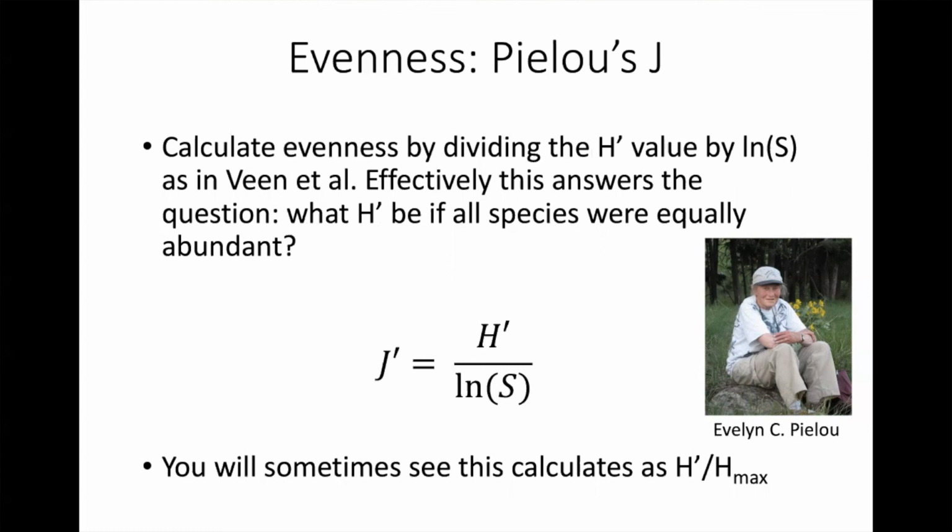But this is the one they use in the Veech et al. paper. And it says, well, basically, what would H be if all species were equally abundant in a perfectly even community? So it's affected by richness, and that's in the denominator for that, the richness.